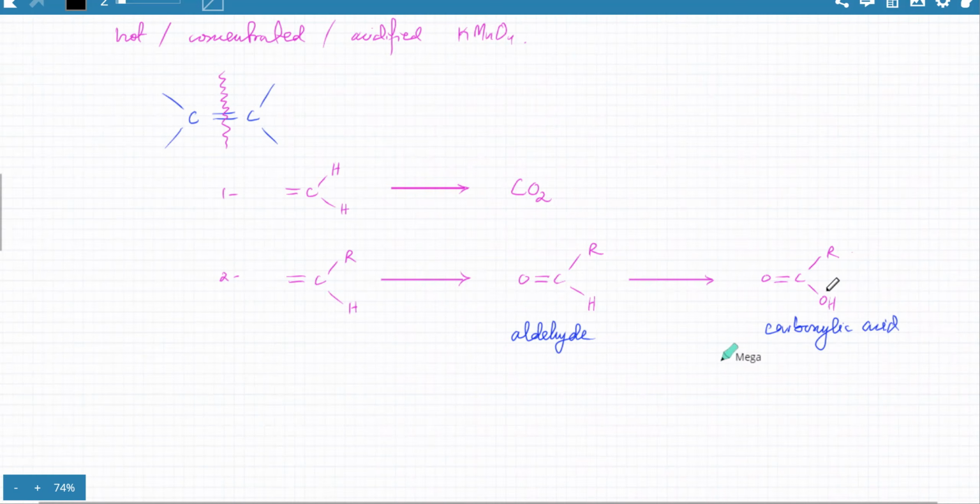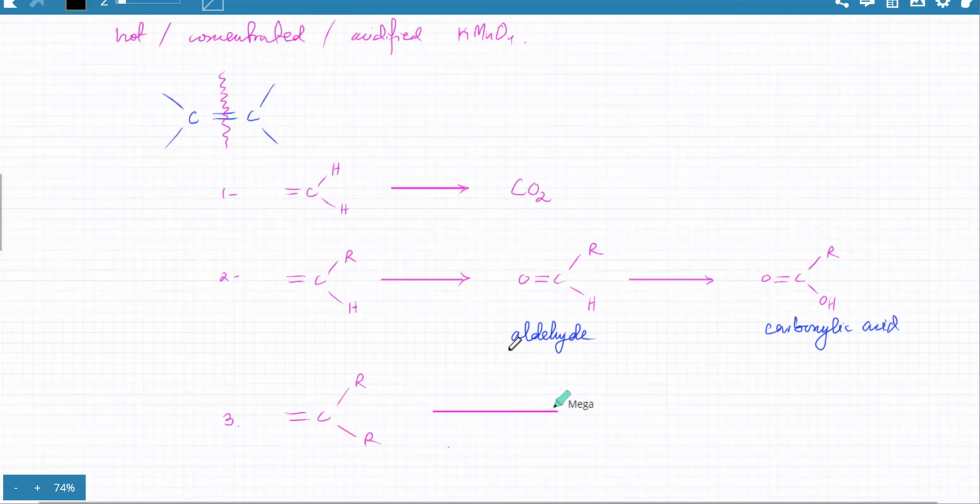Now, next one, number three scenario. If we have both R's. Yes, we're coming to that, the third one. So the third one is that you have a double bond, and on both sides of the carbon there's a carbon chain. That's number three.